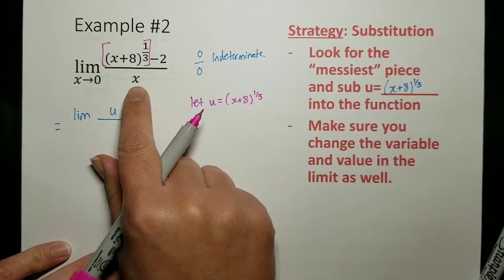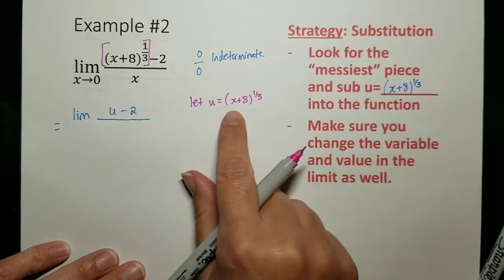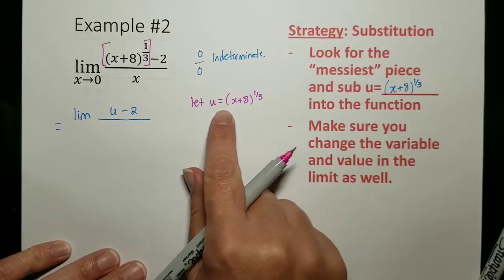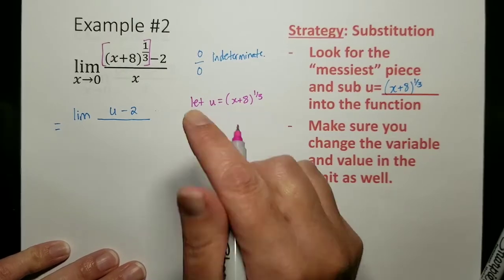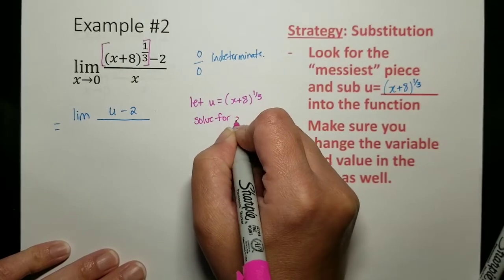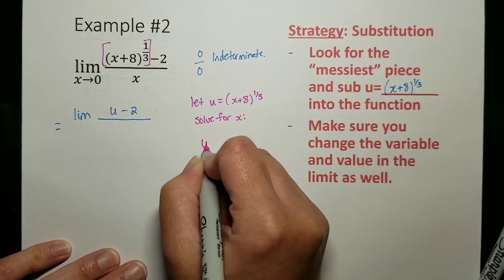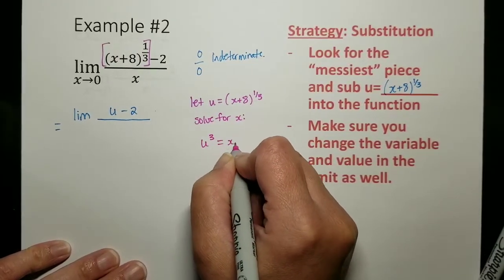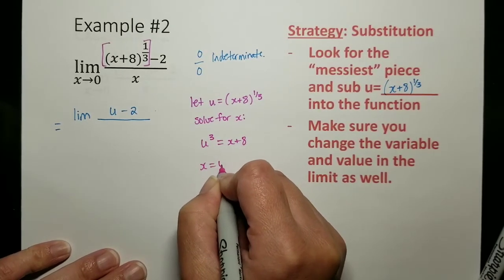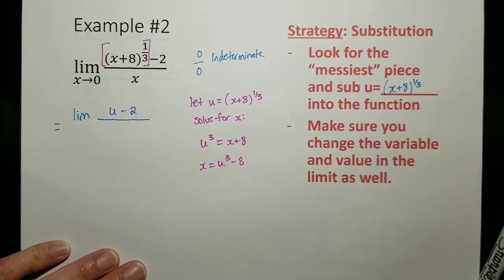So what I need to do is figure out what x equals. So I'm going to go to this relationship that I've defined and figure out what x will equal. So I have to solve for x. So I could say that u cubed equals x plus 8, and then x equals u cubed minus 8.